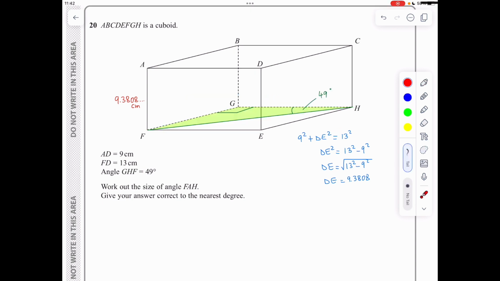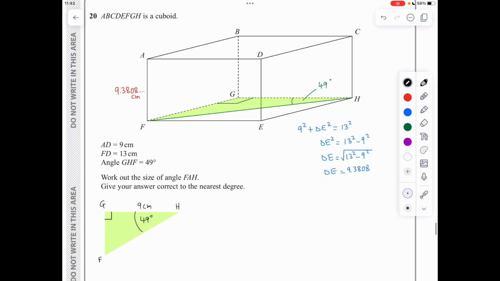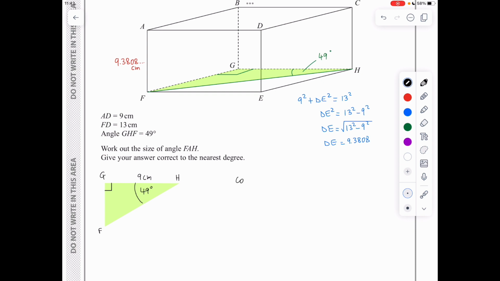We will now turn our attention into finding the distance FH. To find the distance FH, I consider the triangle FGH. We know that the angle here is 49 degrees. It's the angle GHF. So I could extract this right angle triangle just to be able to calculate the distance FH. So this is the triangle here. So we can easily see that the cosine of 49 is equal to 9 over FH.